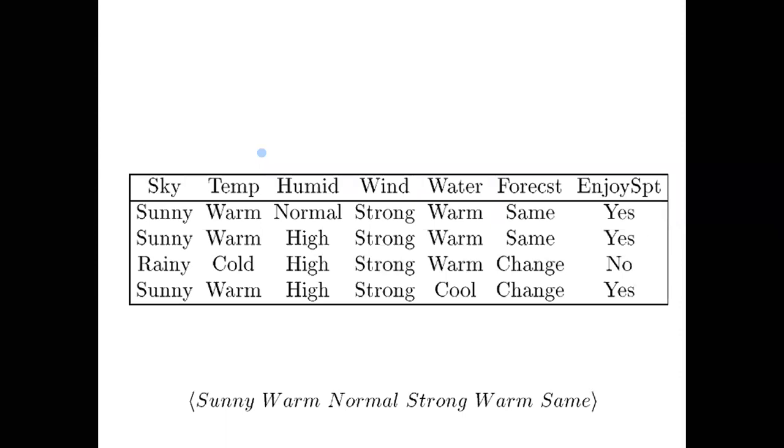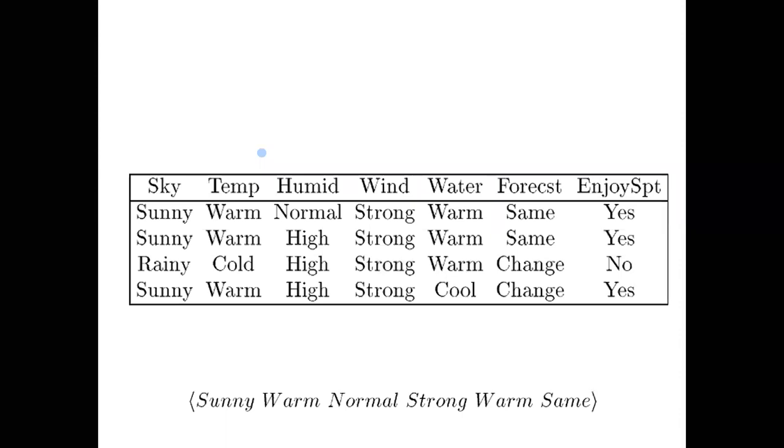Based on certain weather conditions, we are going to say whether you can enjoy a particular water sport or not. That is the task which will be solved using this data set.